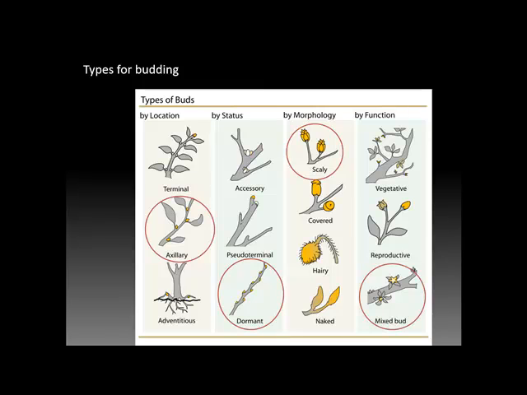So the dormant buds are harvested from the scion wood. Oftentimes those buds are scaly, but that's not necessarily the case. And the vegetative buds, the ones that produce leaves rather than fruit, are normally the buds of choice for budding operations.